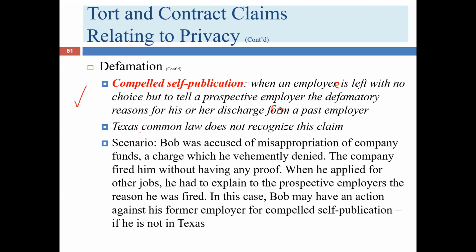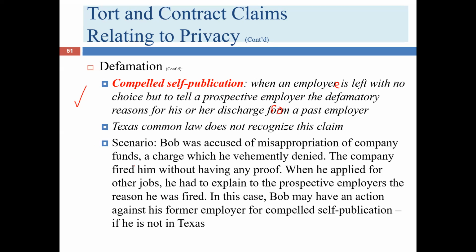And if that jurisdiction does recognize compelled self-publication as a potential tort claim, then it may, in some ways, affect how you communicate and what words you use to communicate the dismissal decision.